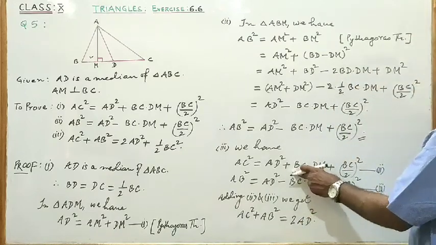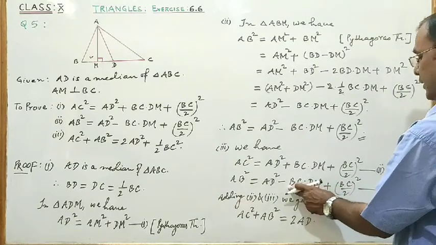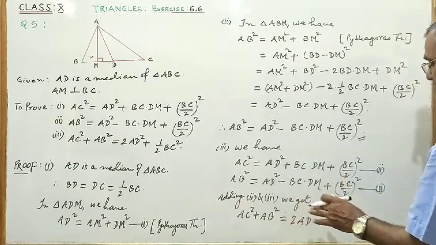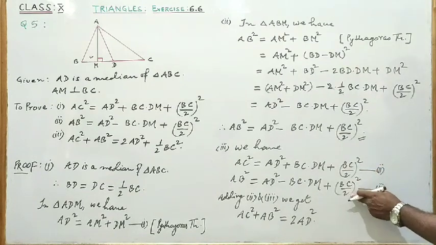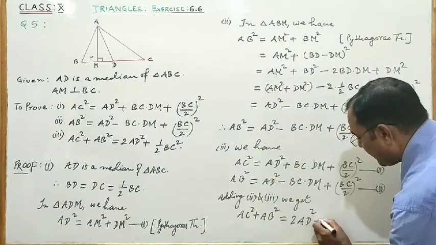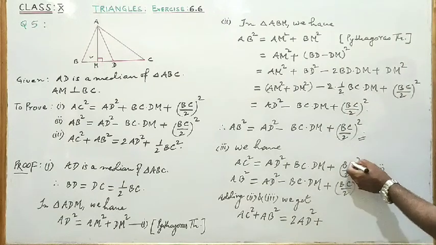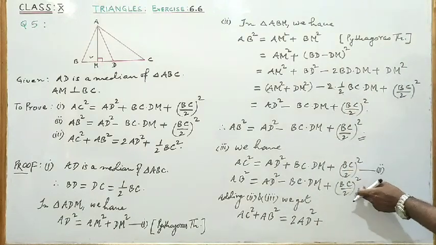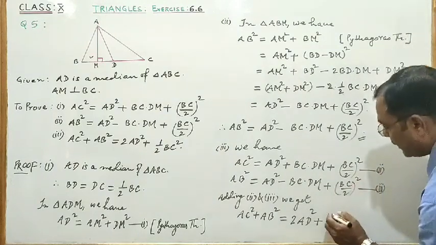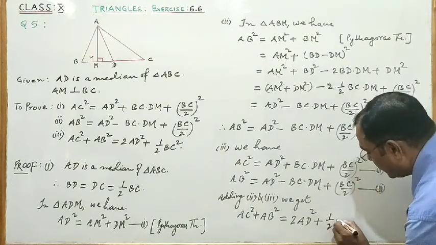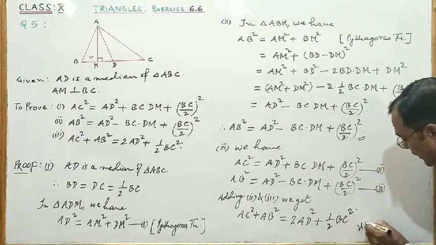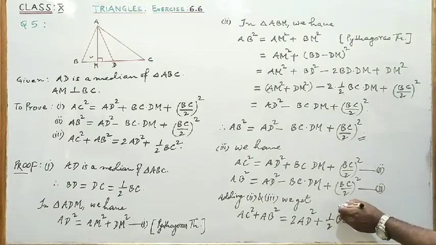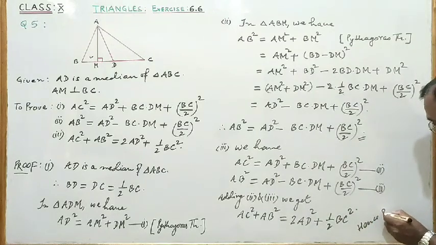Plus BC into DM minus BC into DM will get cancelled. BC by 2 whole square plus BC by 2 whole square equal to BC square by 4 plus BC square by 4 is finally half BC square. So half BC square, and this is the proof of third part. So finally hence proved.